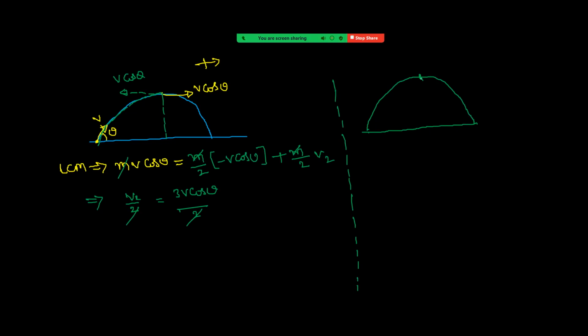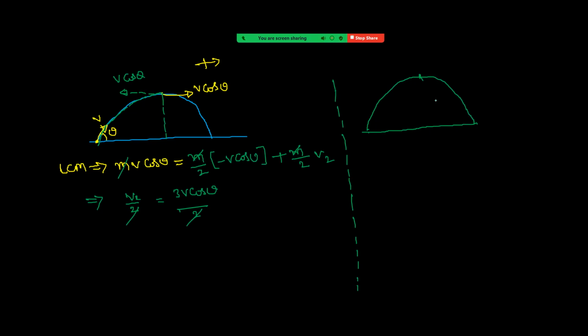I am repeating, the motion of the center of mass does not change because of internal forces. Here the explosion is because of internal forces. That means even after explosion, the center of mass follows the same parabolic path.